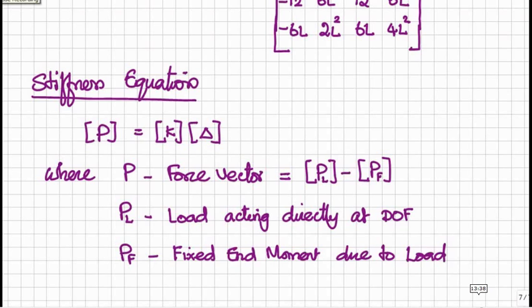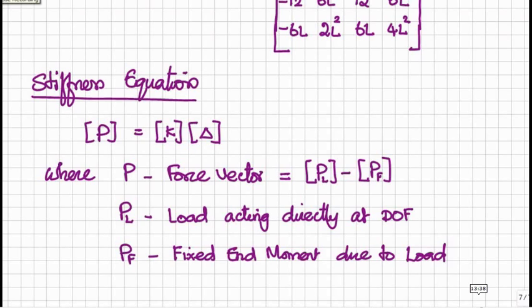From this stiffness equation we can find out the displacement, delta. So delta is equal to K inverse into P.